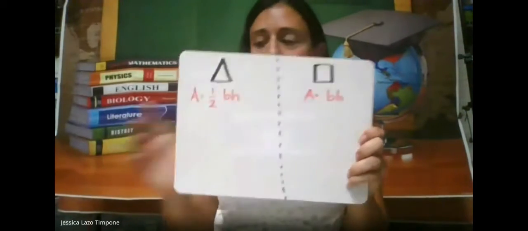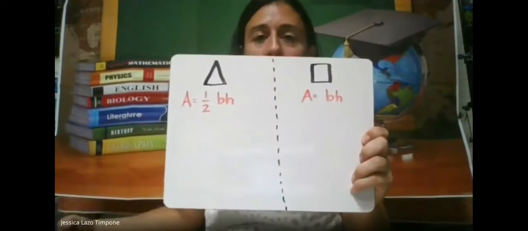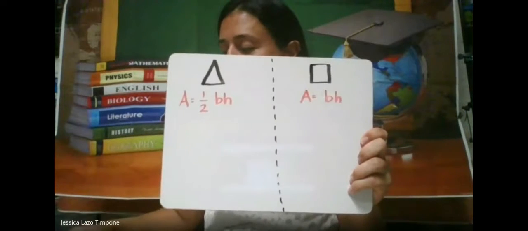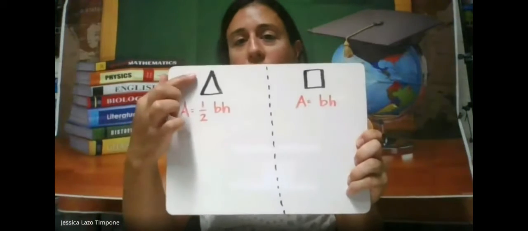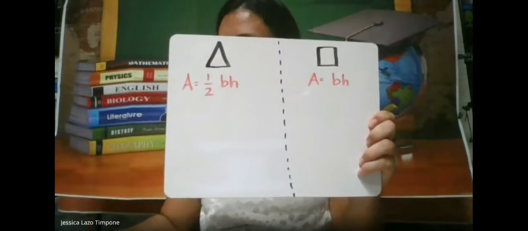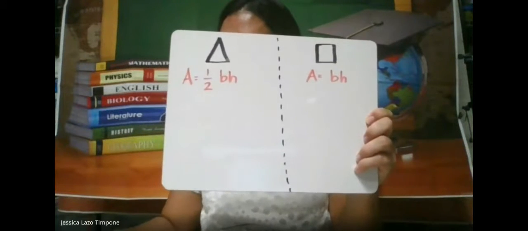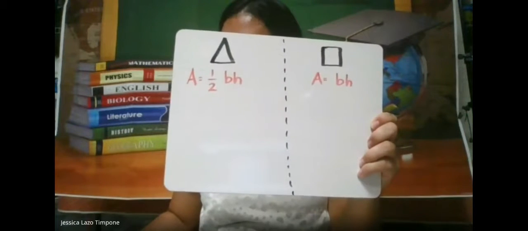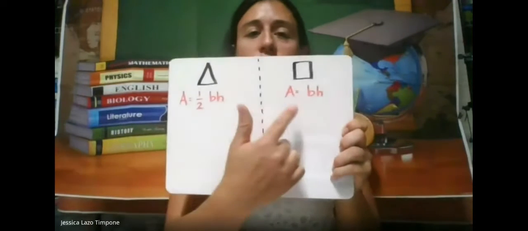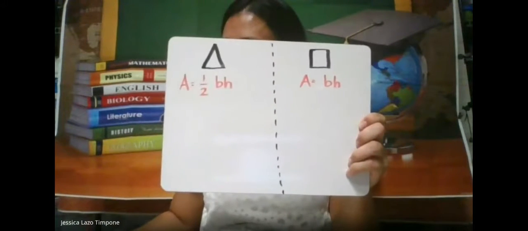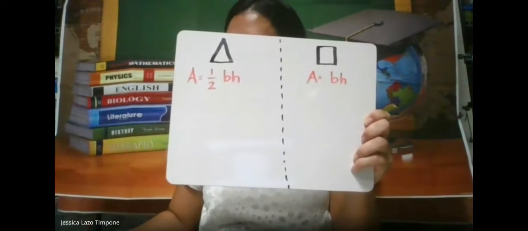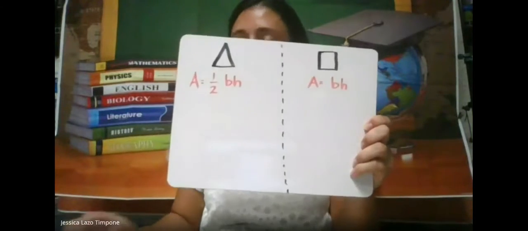Now, you're going to also break up your pieces like this for your work. And you're going to make sure that you have a triangle with half base times height, because a triangle has half base times height. And you're going to have a square, which is just base times height, because it is a square, which is a parallelogram.